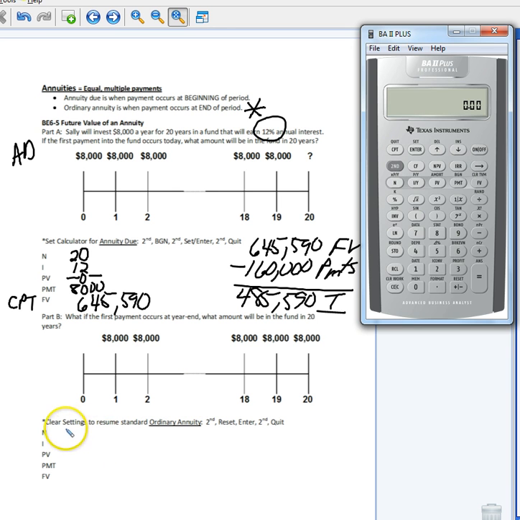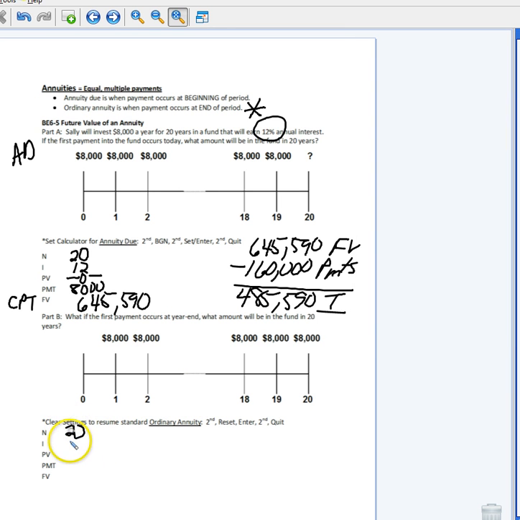Okay, so the same thing. 20 periods, interest rate is 12, no present value, $8,000 payment, and we want to compute the future value. So the question is, will it grow as much or not? What difference does it make whether we start putting money in today or we wait a year?